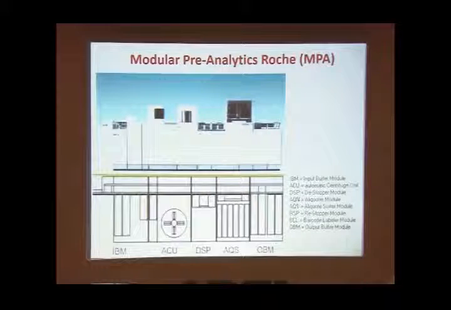Here again you have an input buffer module, automatic centrifuge unit, but we didn't add the centrifuge unit because we were told that can be a bottleneck, but you can have one centrifuge or two centrifuges, and this can be very expensive. And then there's an aliquoting module, and you can have de-stopper, barcode label modules, and output buffer modules.